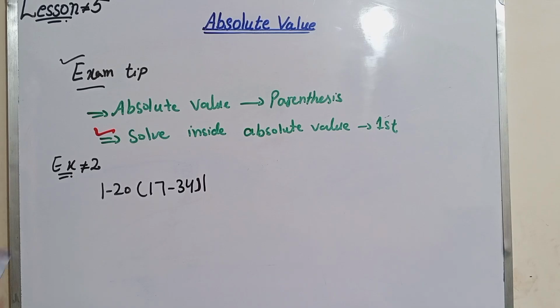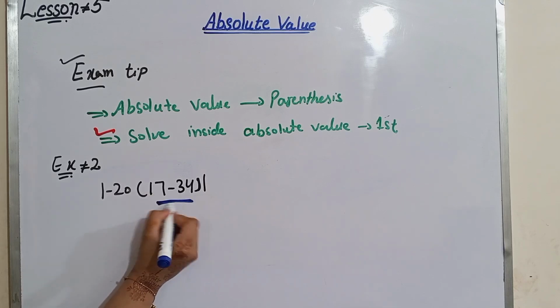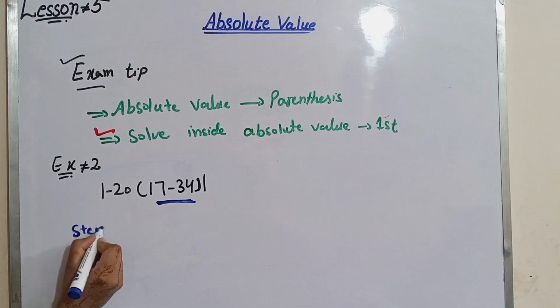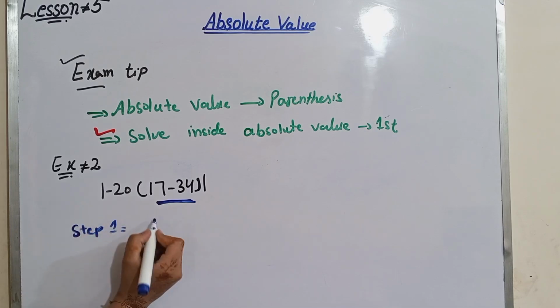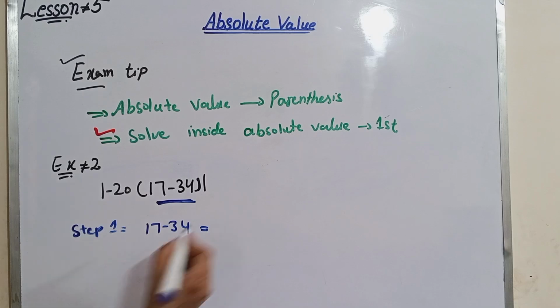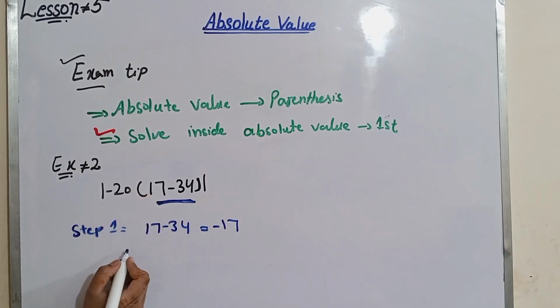Now, look at another example, example number 2: minus 20 times the absolute value of 17 minus 34. What will you solve first? In step 1, you will solve these parentheses first. In step 1, I will do 17 minus 34. It gives me minus 17. Then minus 17 as it is.